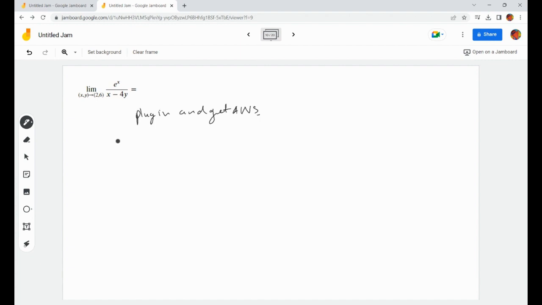If I were to plug in e to the 2 and 2 minus 24, that gives you the answer, and that's all it does. There's really no math to do. It's just plug in and get the answer. x minus 4y would give a discontinuity error if it's 0, but it's not equal to 0, so it should be fine.